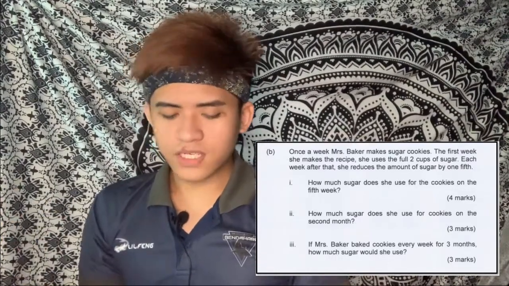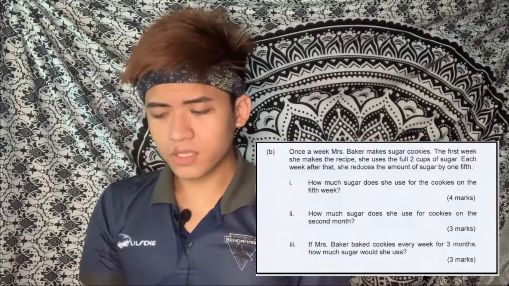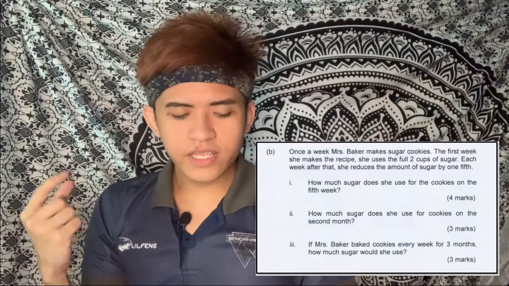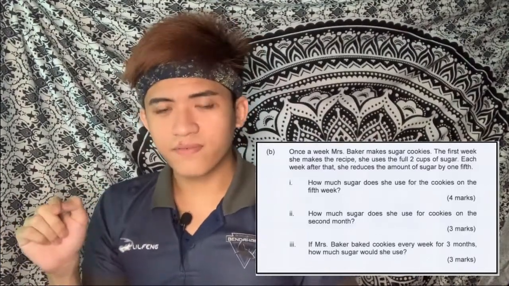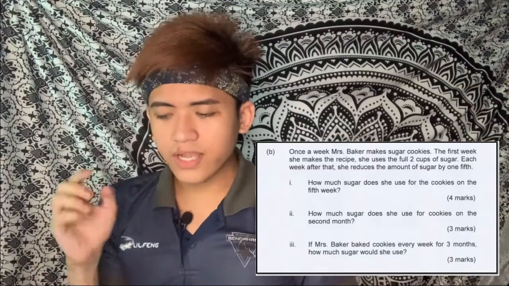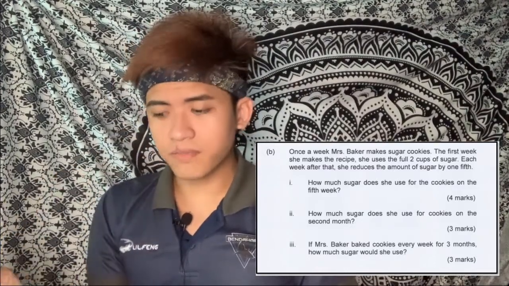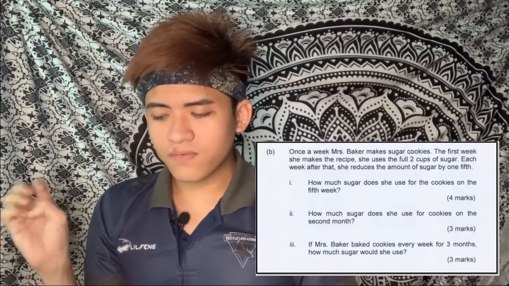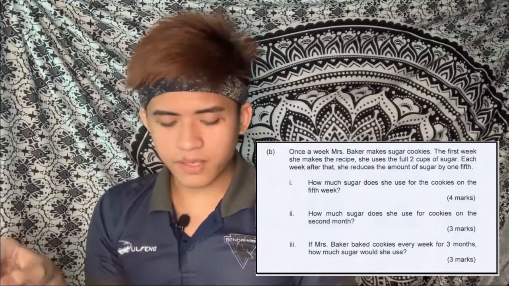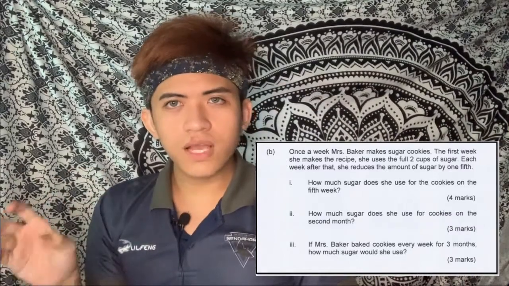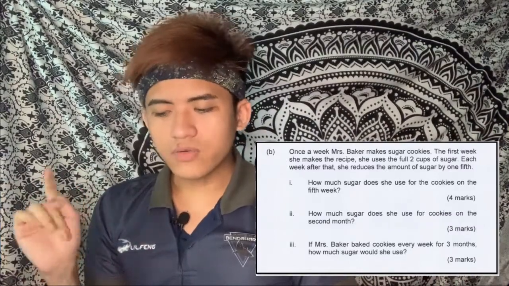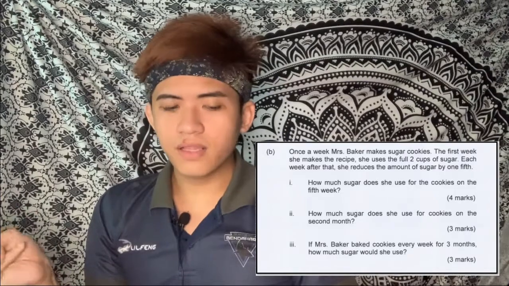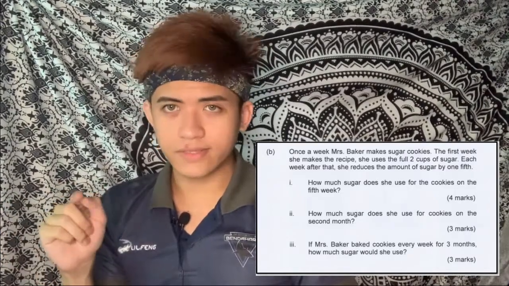So the first question, she wants the 5th week, which means she wants us to find T5. For the second question, how much does she use on the 2nd month, that means the second month has already started, so how much has she used. If it is the 2nd month, it is actually T8.